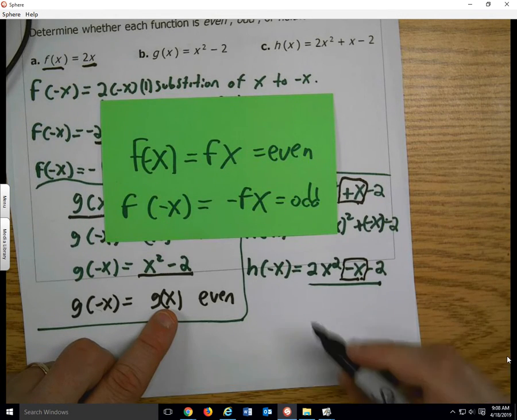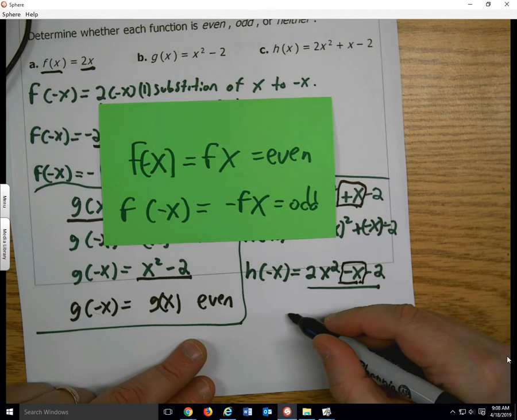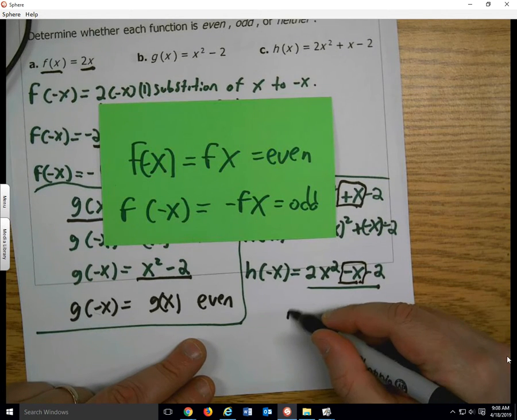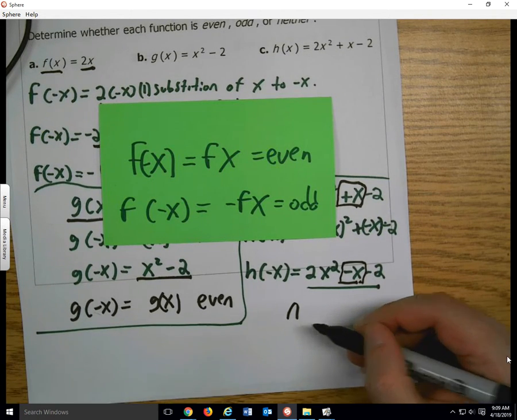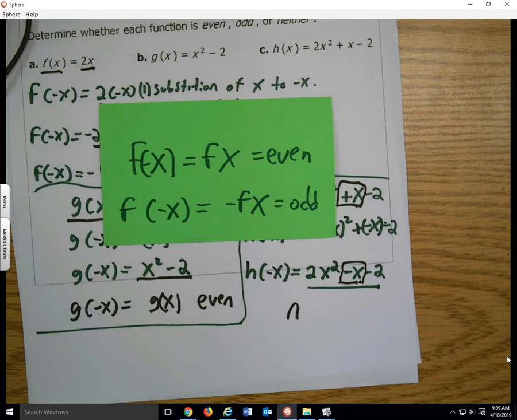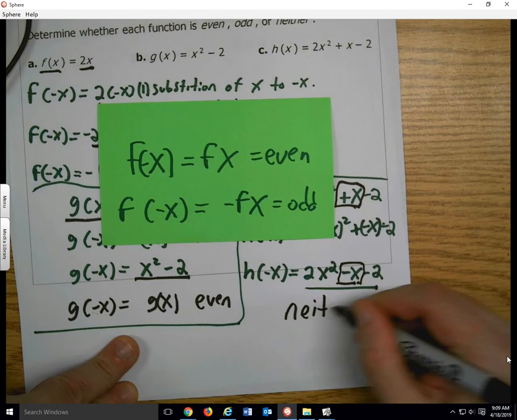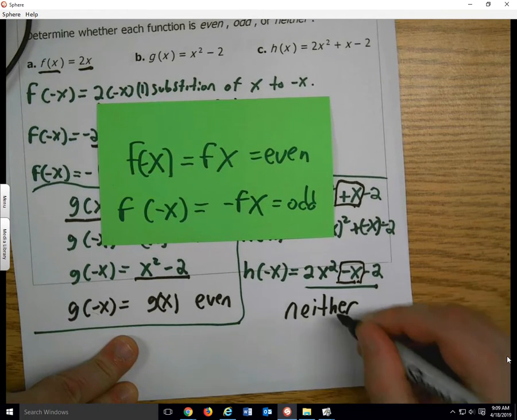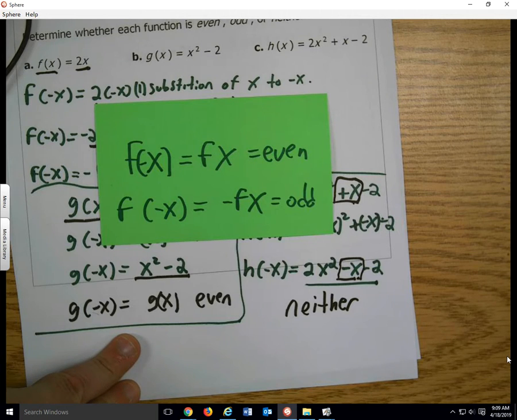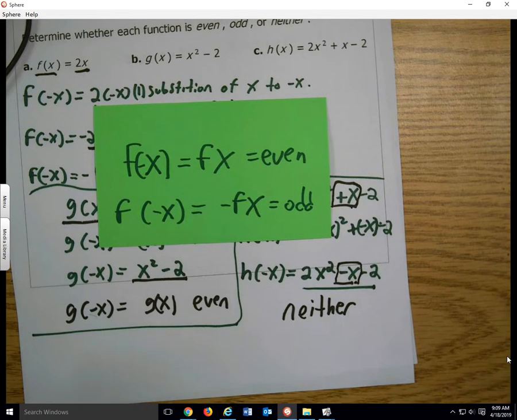So if it's not odd or even, what is it? Well, it's neither, okay? Sometimes you get an equation that's not either odd or even. That's possible. So if you think about it, a lot of graphs are neither.